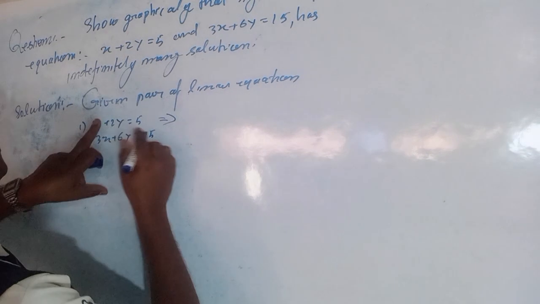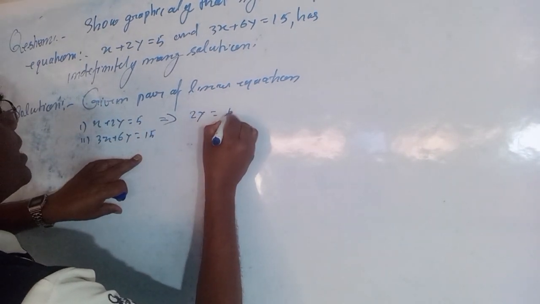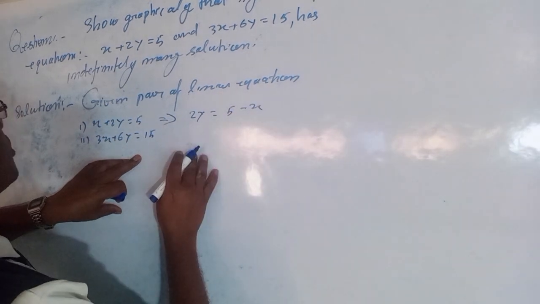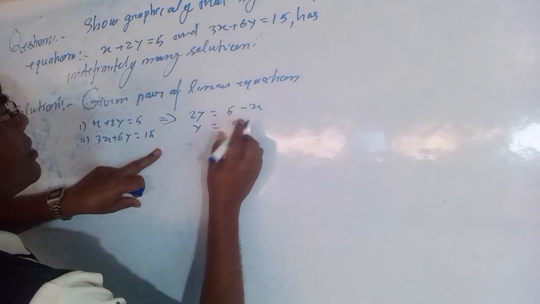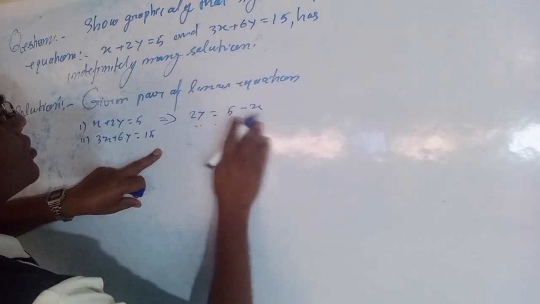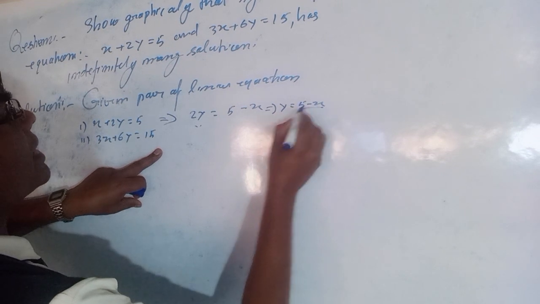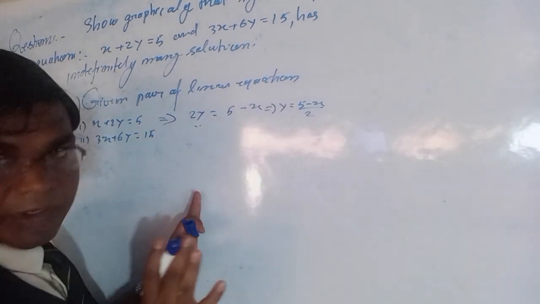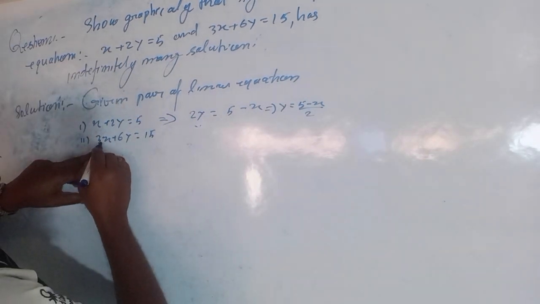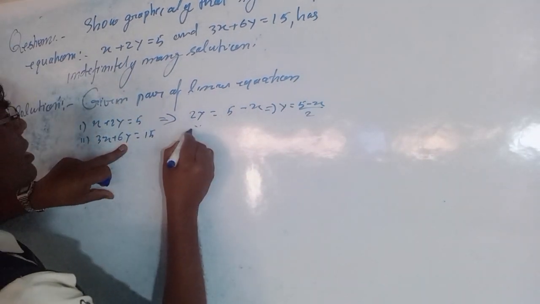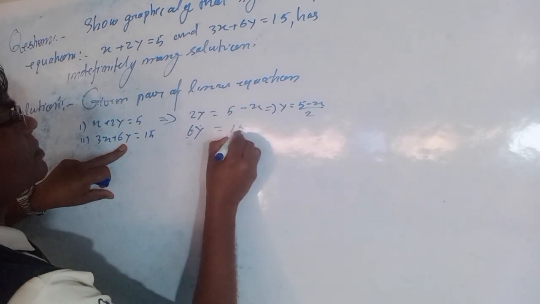Find the value of y. So 2y is equal to 5 minus x, so y is equal to 5 minus x by 2. Got it? Now we will take the second equation: 3x plus 6y is equal to 15.